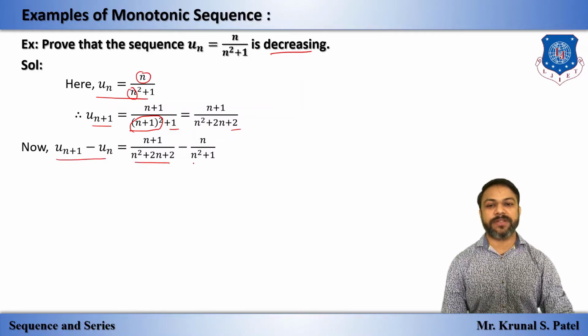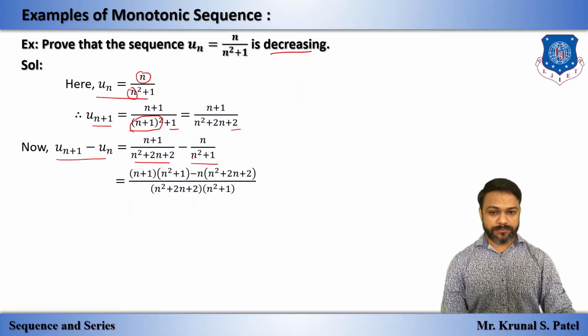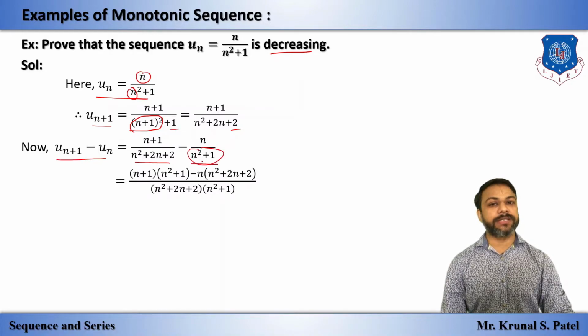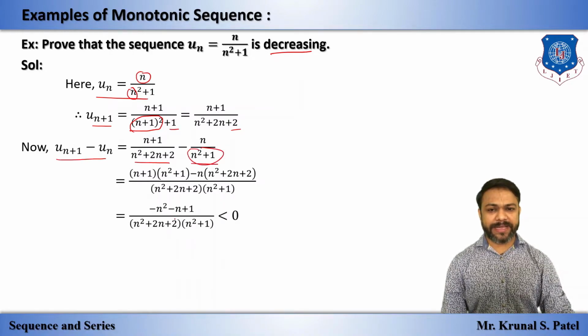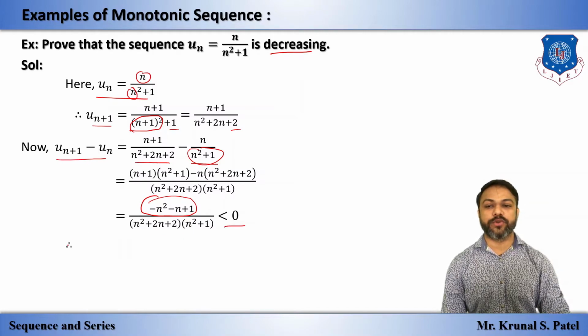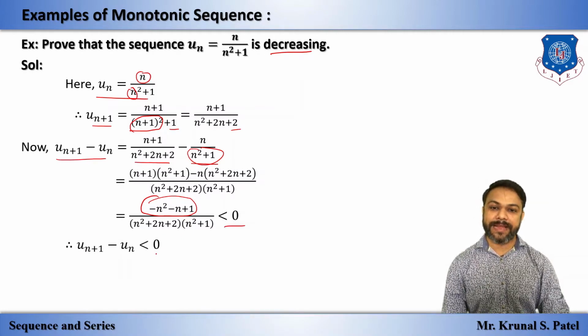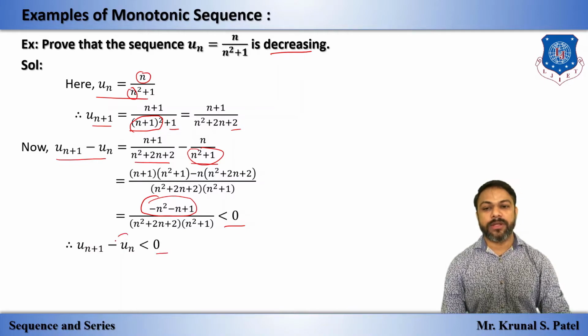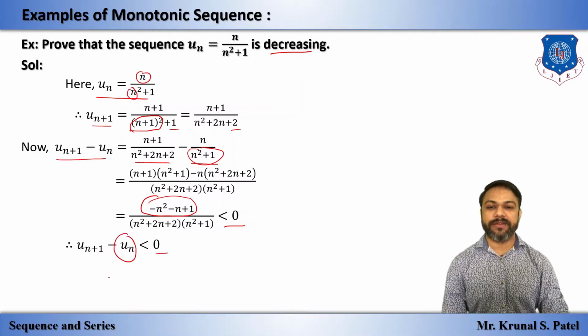So this is un plus 1, this is un. By taking LCM, cross multiplication, and simplifying, we have this answer, and we can see that this numerator is negative. So this entire term is negative. So un plus 1 minus un is negative, that means less than 0. Taking this to the right side, we have un plus 1 less than un.